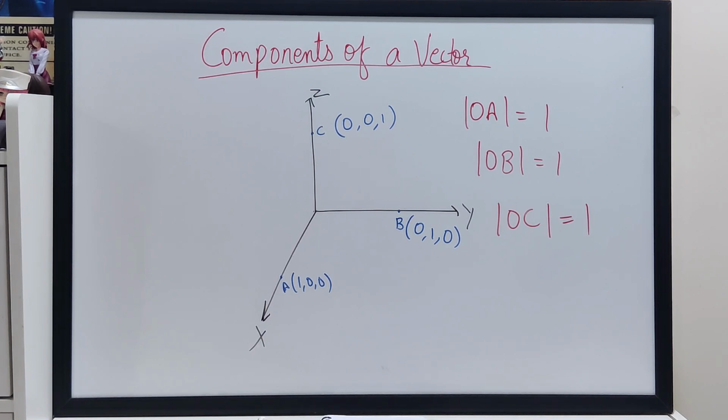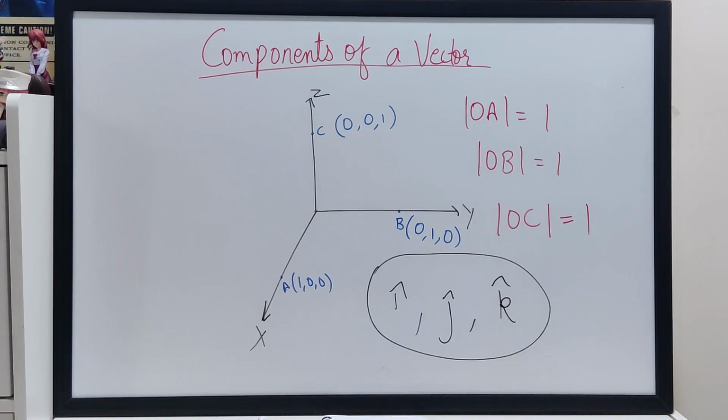So the magnitude of each and every vector here will be 1. Unit vectors are denoted by i cap, j cap, k cap. So the unit vector along x-axis will be i cap, along y-axis will be j cap, and along z-axis will be k cap.